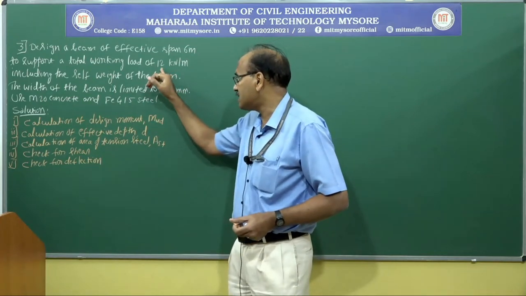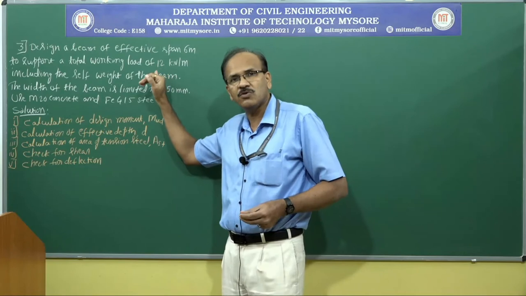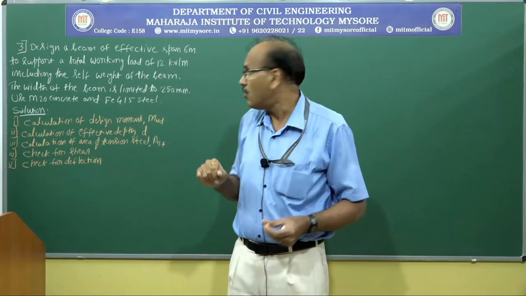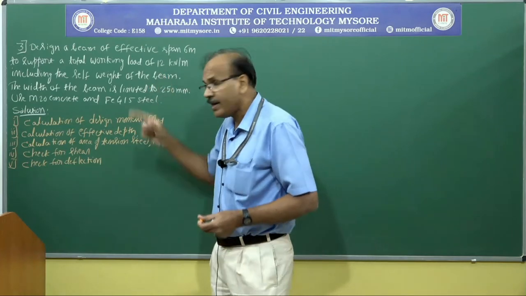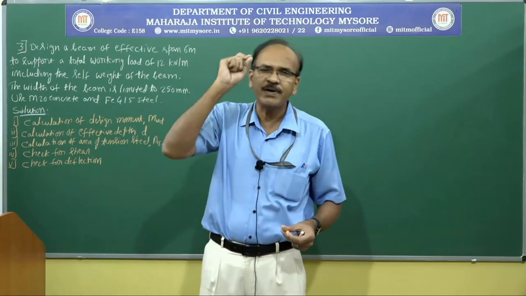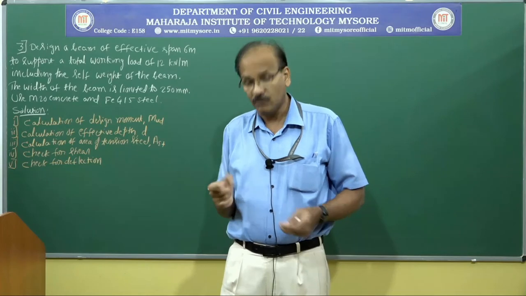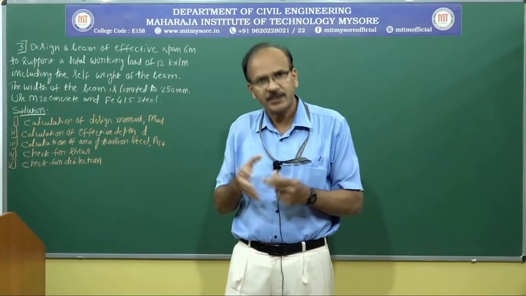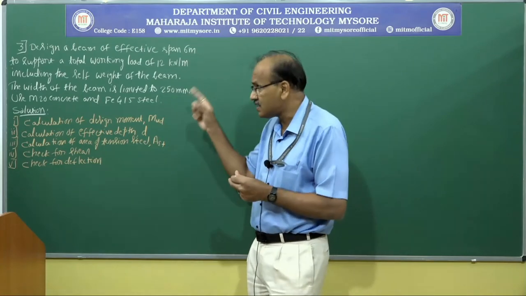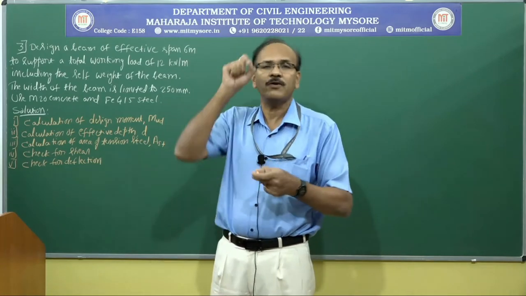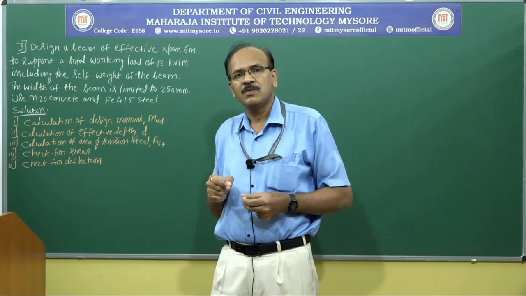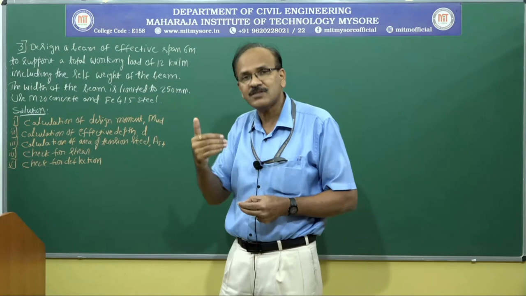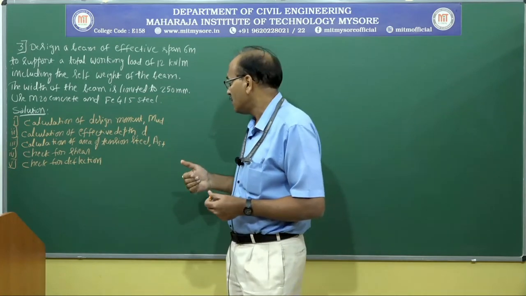Working load, service load or just load is one and the same. And this includes self weight of the beam itself. Of course the beam weighs some weight, that should be included. If it says the self weight is not included, you would add it; because it includes the self weight, you don't have to add the self weight once again.